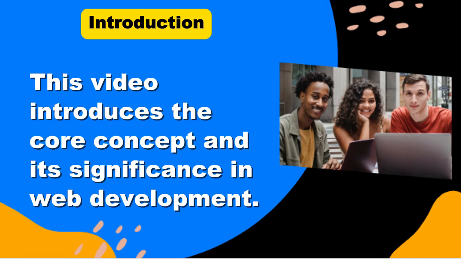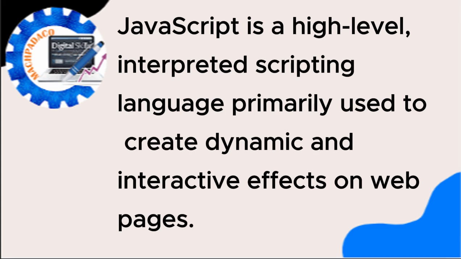Introduction. This video introduces the core concept and its significance in web development. JavaScript is a high-level interpreted scripting language primarily used to create dynamic and interactive effects on web pages.